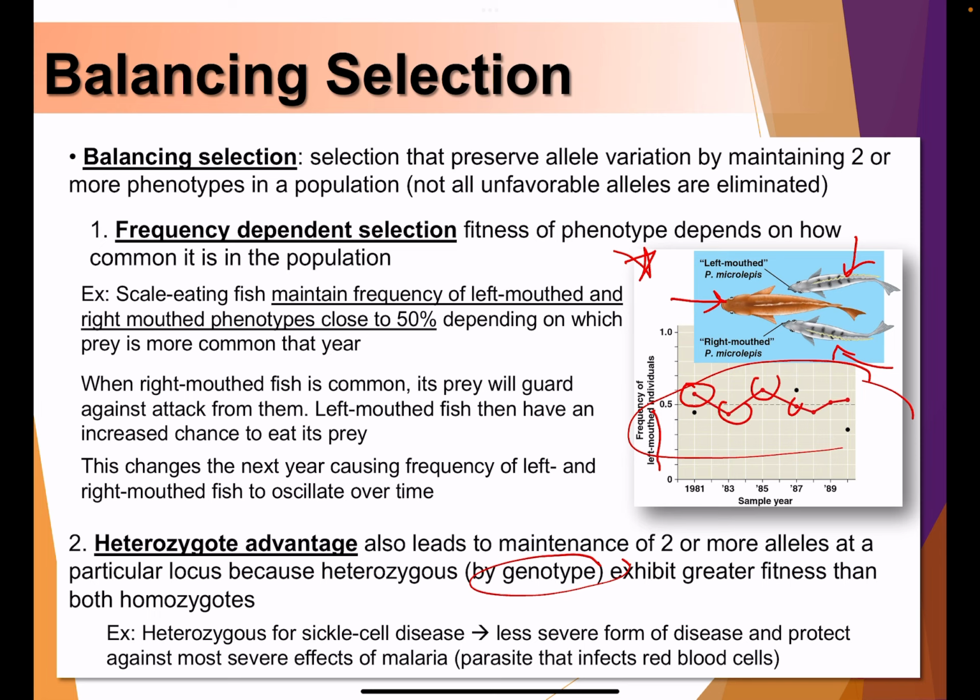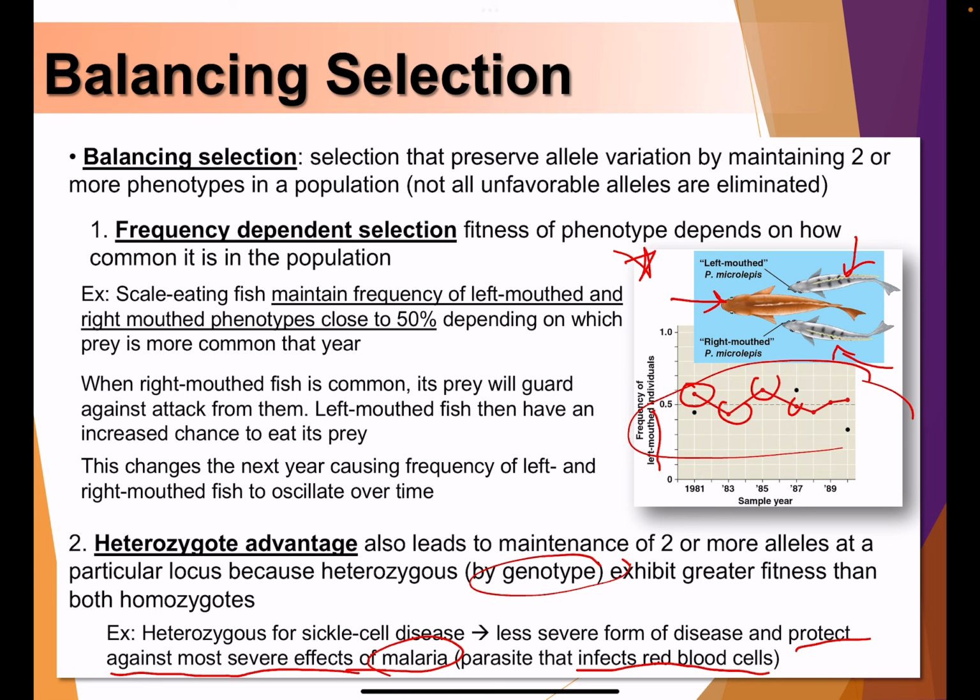That's one benefit. Second, which is really surprising, it protects against the most severe effects of malaria. Malaria is a parasite that infects red blood cells and kills them. You can die from malaria because it kills off all your red blood cells and you can't have enough oxygen delivered to your body, and that's how you die.